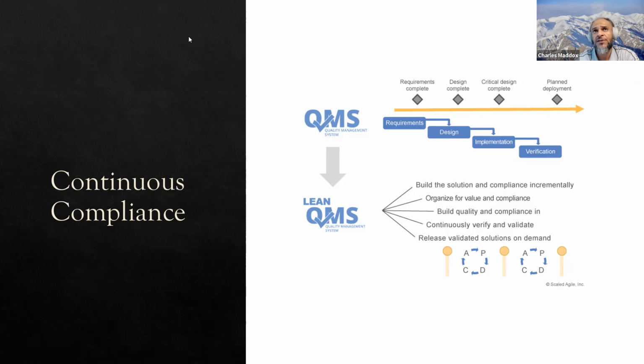And we don't typically think that we can do these things iteratively. CMMI nor DO 178, even though they ask for a lot of documents, ask for a lot of compliance areas to be fulfilled, do not dictate how you go about creating those artifacts to show that you've met those compliance requirements. So that's one key point. They're not telling you how you need to go about doing it.